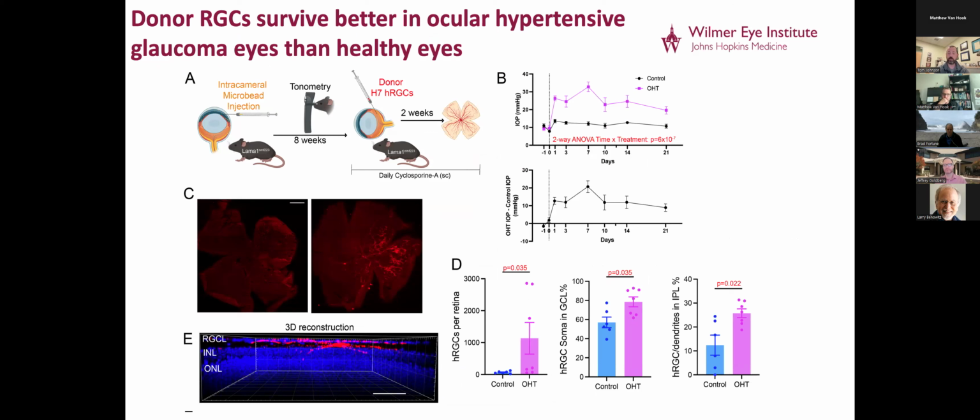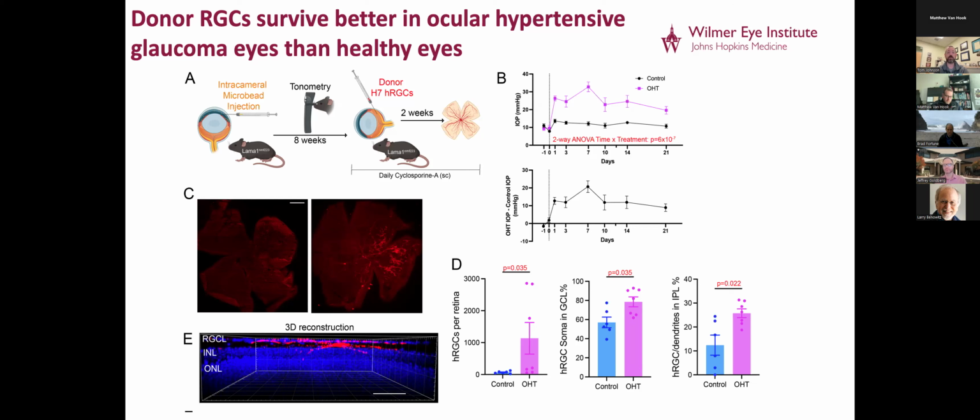We've seen extremely poor survival of donor cells after optic nerve crush when we transplant at 1 week, 4 weeks, or even 12 weeks after injury. However, when we induce ocular hypertension and kill endogenous RGCs through an IOP-mediated mechanism, we actually see significantly better retinal ganglion cell survival and better engraftment.